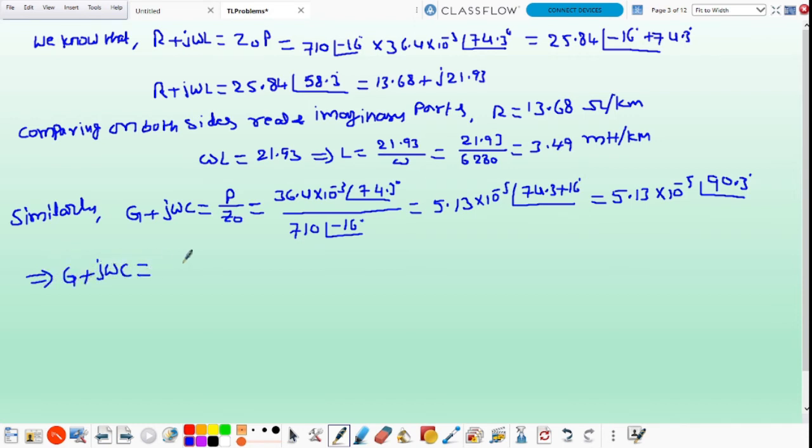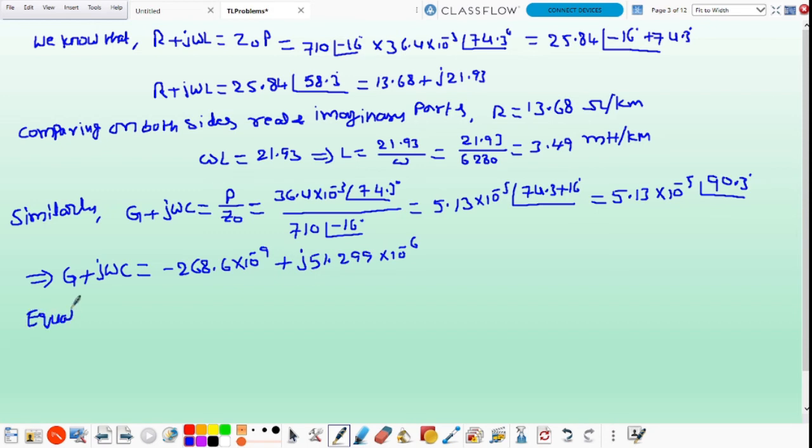the rectangular form of the RHS term is minus 268.6 into 10 to the power of minus 9, that is the real part, plus j 51.299 into 10 to the power of minus 6, the imaginary part.